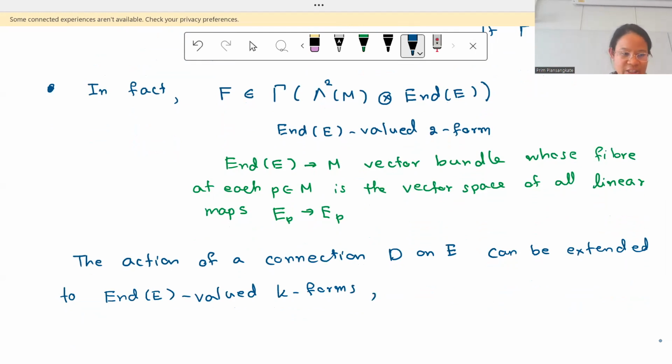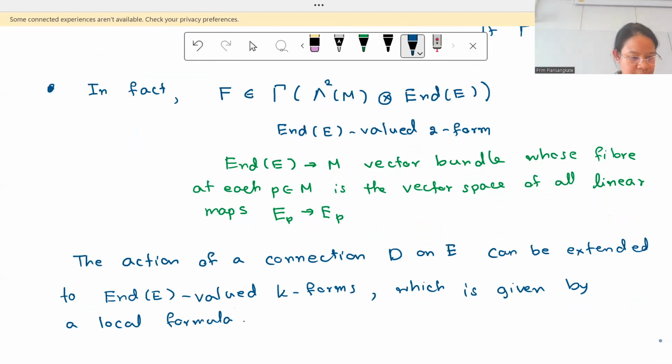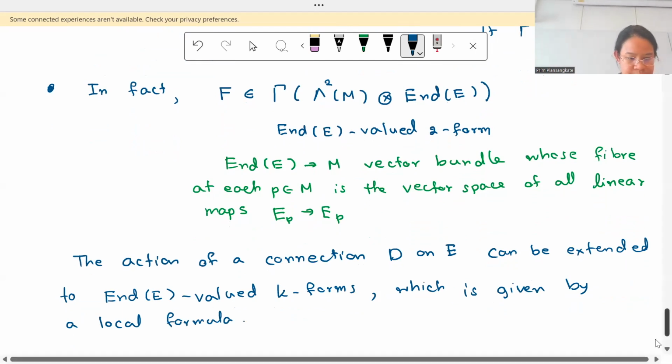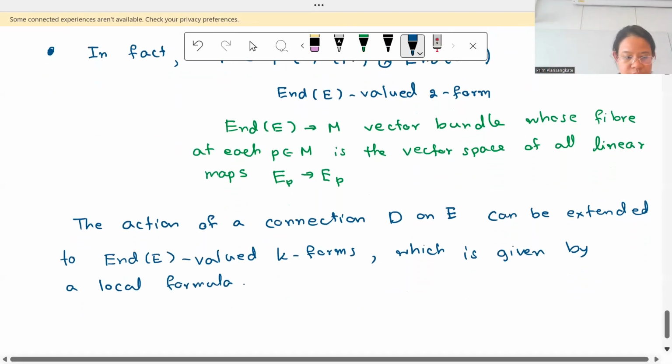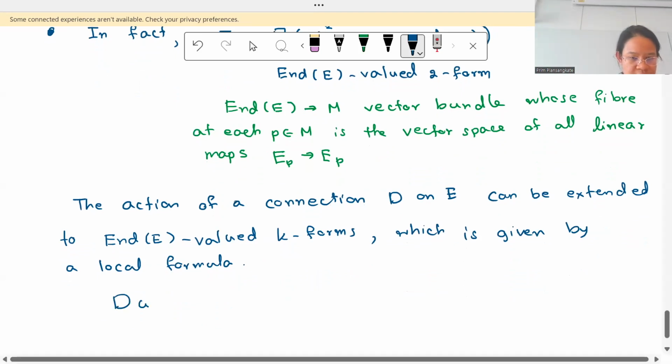And this action, let me just write down the local formula for it. So it is given by a local formula like this. D and omega here is an End(E)-valued K form.